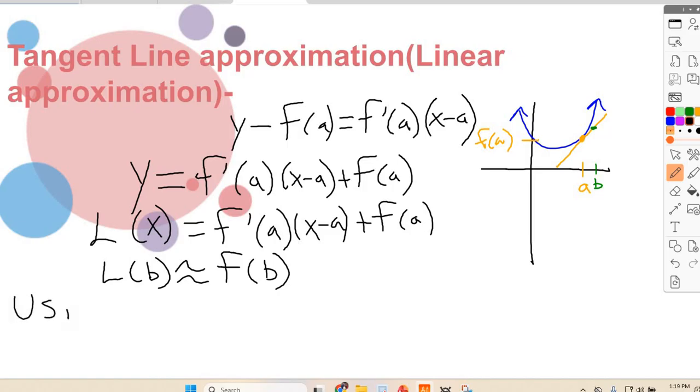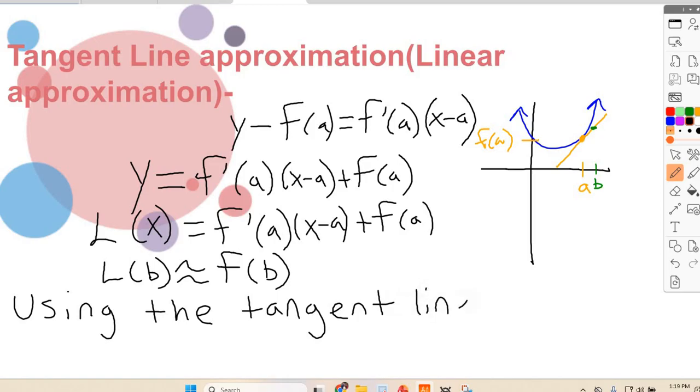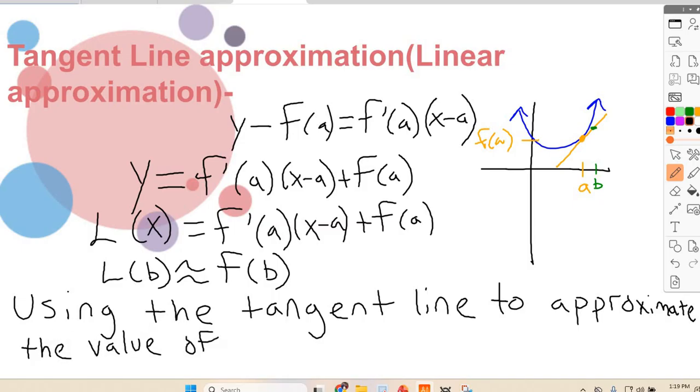So we are using the tangent line to approximate the value of a function at a given value.